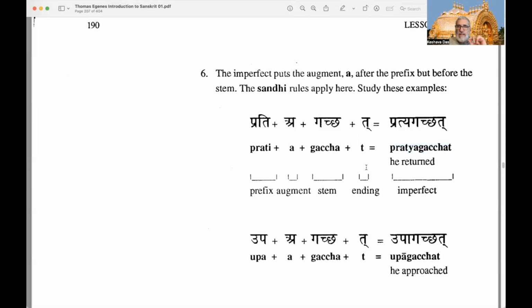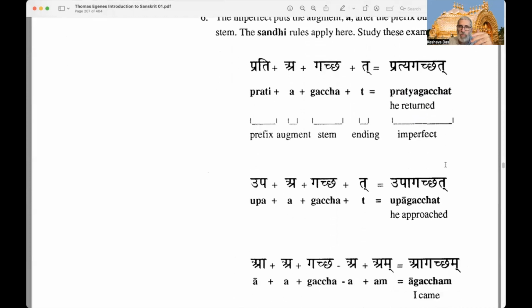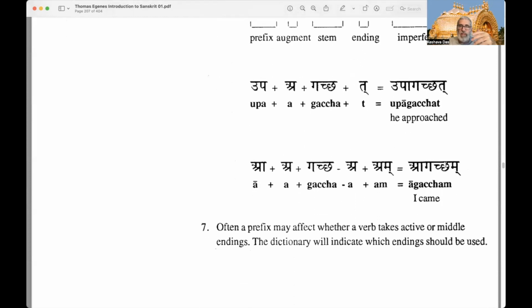That is, he returned, because pratigach means to return. If we wanted to say it in present tense, it'd be different, but we're saying it in imperfect tense, which is past. So he returned. And remember, it's usually an action which is happening not today. Okay, here we have another example.